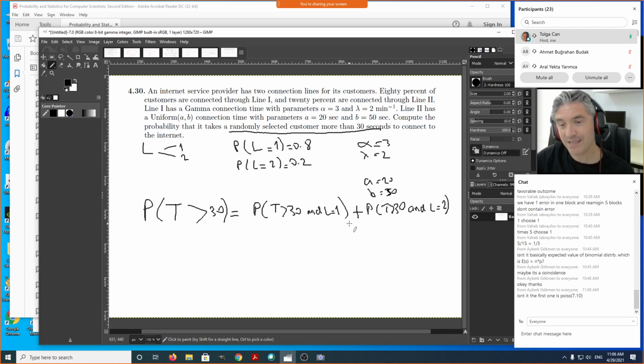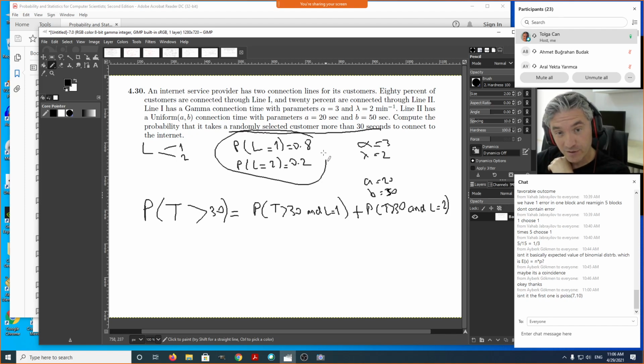If you look at these 2 events, line 1 and line 2 are mutually exclusive events, and they're exhaustive, as you can see. The total probability adds up to 1. There is no other line. So they're mutually exclusive and exhaustive events.